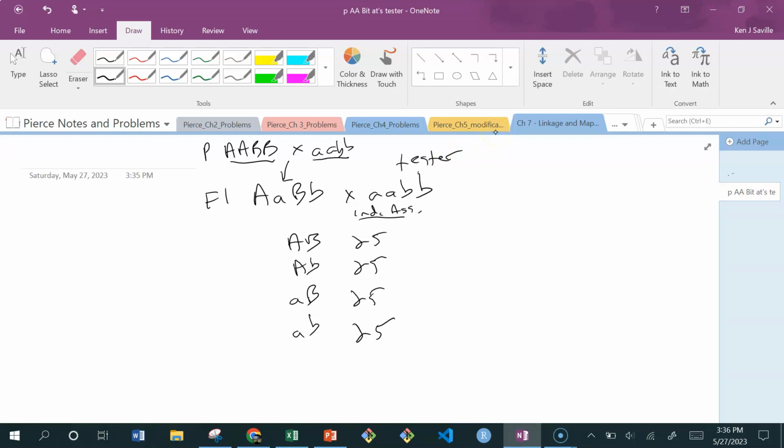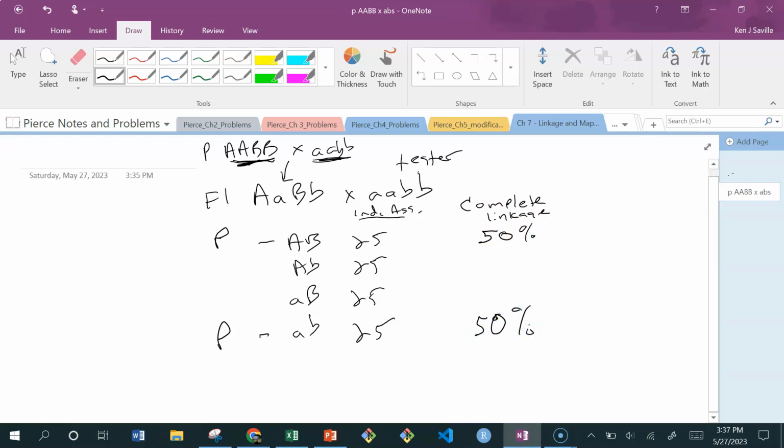So if there's what we call complete linkage, then the big A and the big B look like the parents, and the little a and the little b look like the parents. If there's complete linkage, we'll get 50% of each parental type, and we won't get any recombinants.